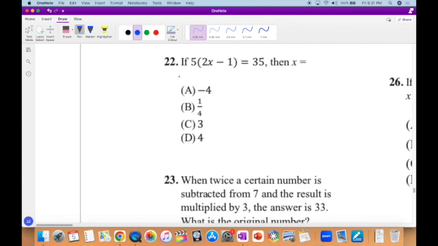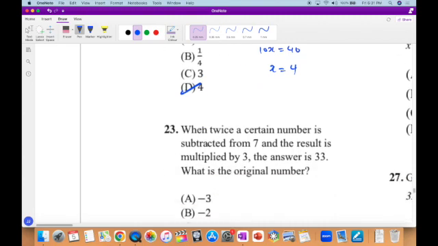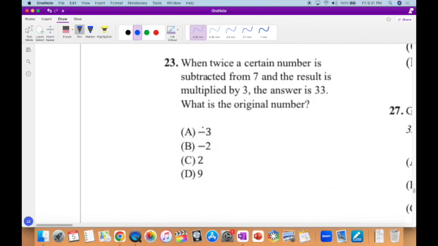If 5 into 2x is 35, then what is x? Well, okay, 5 2s are 10, x minus 5 is 35. So 10x will be 40, x will be 4.